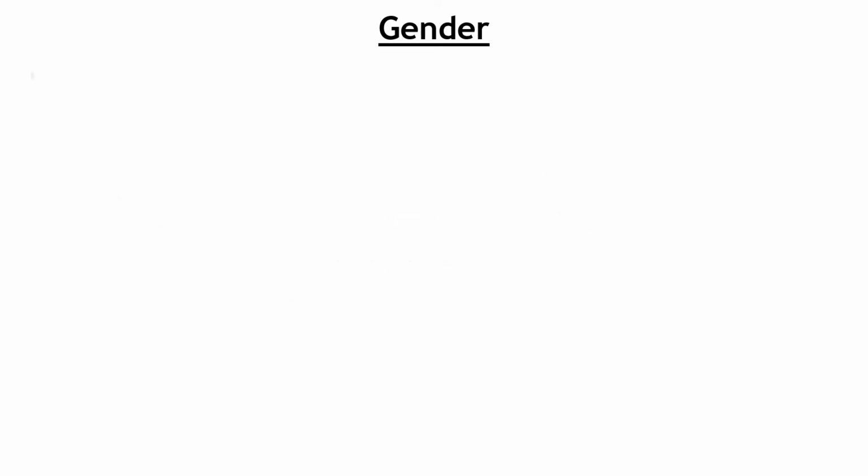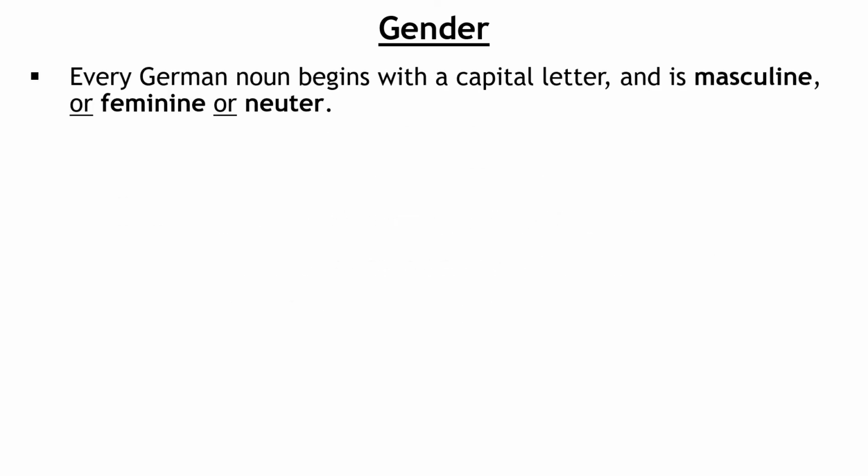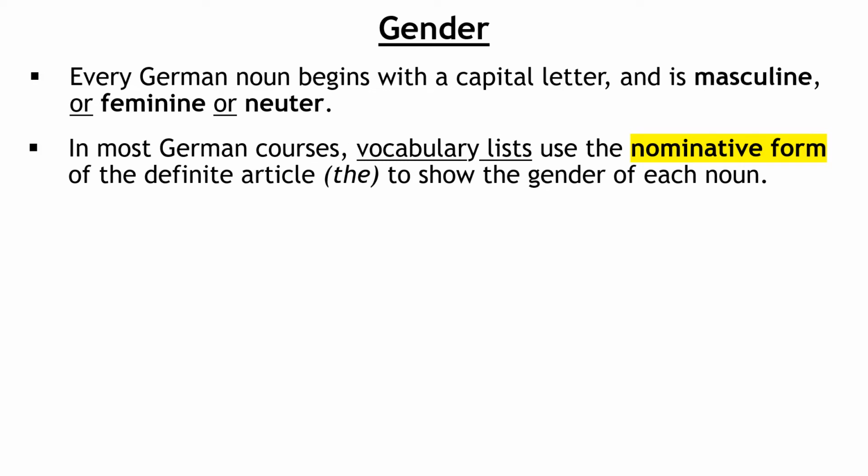Every German noun begins with a capital letter and is masculine or feminine or neuter. In most German courses, vocabulary lists use the nominative form of the definite article to show the gender of each noun.